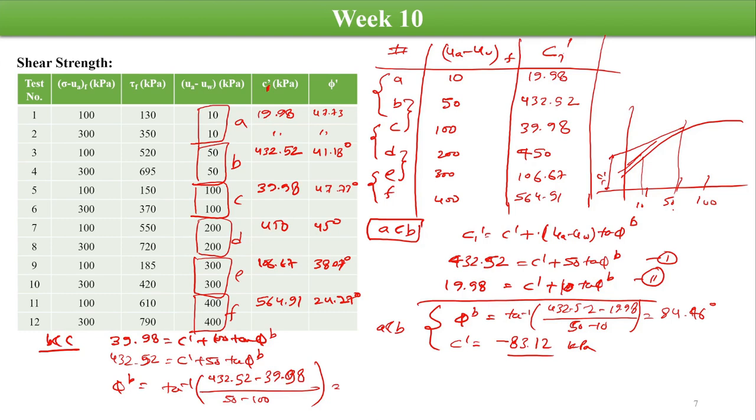So from here we can calculate phi dash, but it's coming as something like minus 0.13, which is not correct. So I think there's some problem with the data set here.